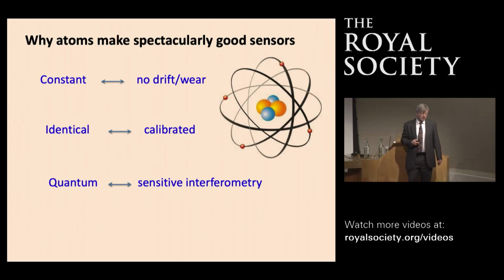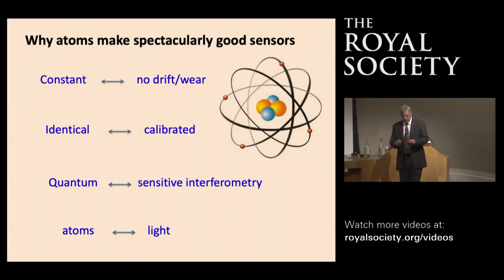In this case, I've talked about the detection of time, but there are other things you can detect, which I'll mention briefly in a minute. And the last point, which I think is an important one, is the symbiosis between atoms and light. So the atom is a little isolated chronometer or whatever sensor you want it to be, but it can speak to the outside world through light.